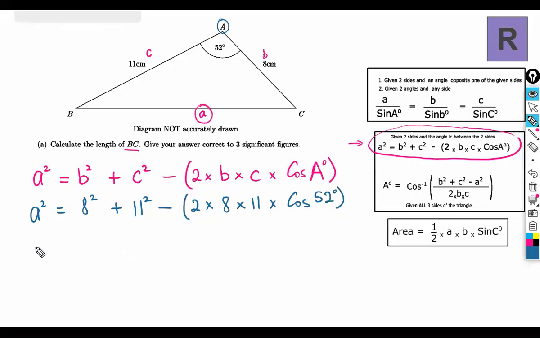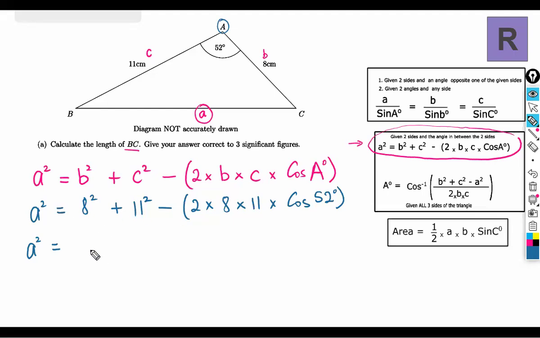I remember telling you all that you could type this straight on your calculator without any problems: 8 squared plus 11 squared minus open brackets 2 by 8 by 11 by cosine 52.